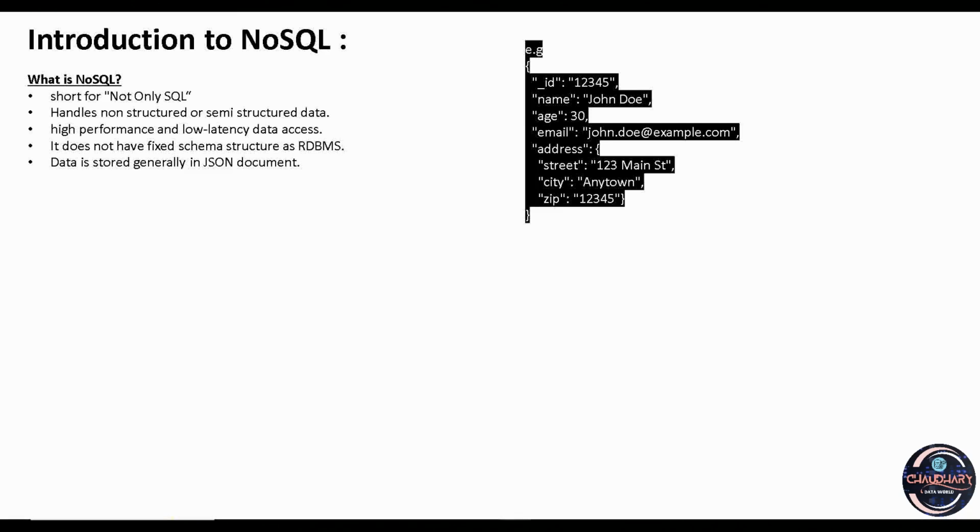In address we again have multiple columns, or you may say keys, that is street, city, zip. So it is something which is semi-structured.